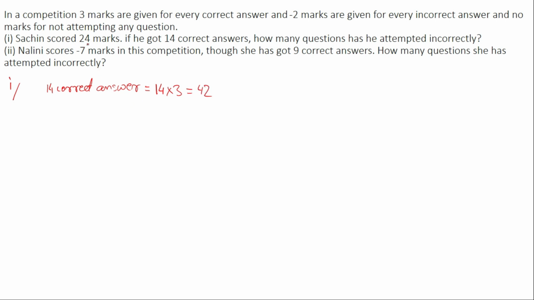And how much did Sachin score? 24. Score of Sachin is equal to 24.